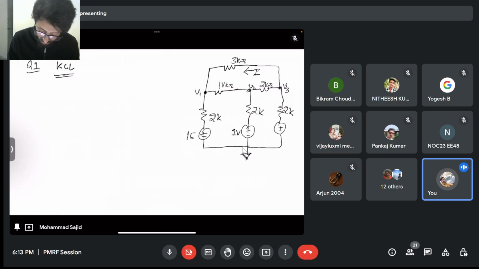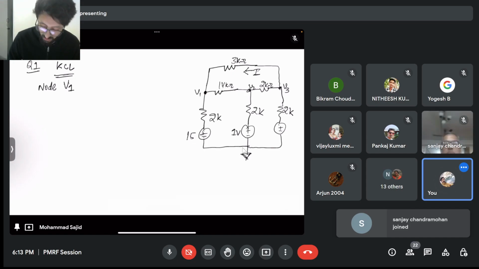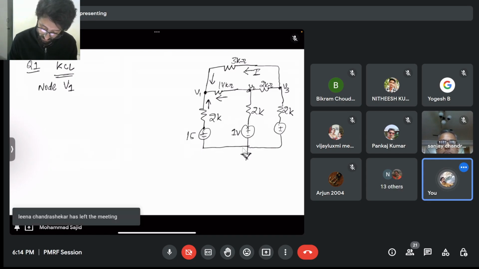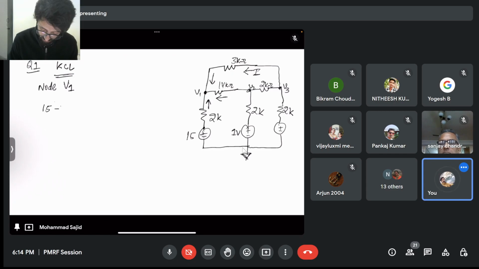So if we take node V1, for the node V1, if we take current directions in this way, the current will be from this potential. This is at 15 volt, this is at V1 volt. So current will be 15 minus V1. Okay, let me first say how you define a current across a resistor.